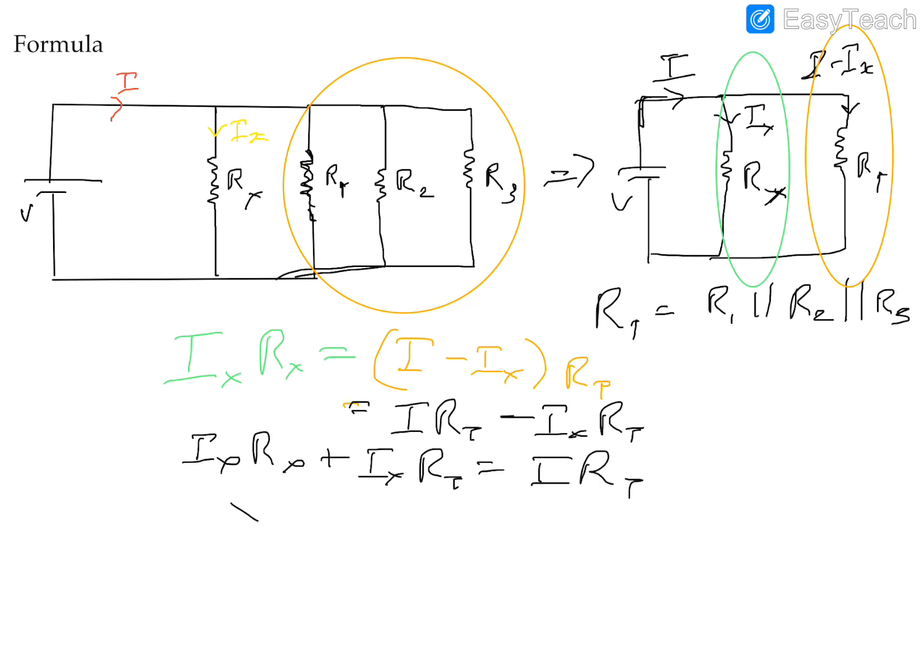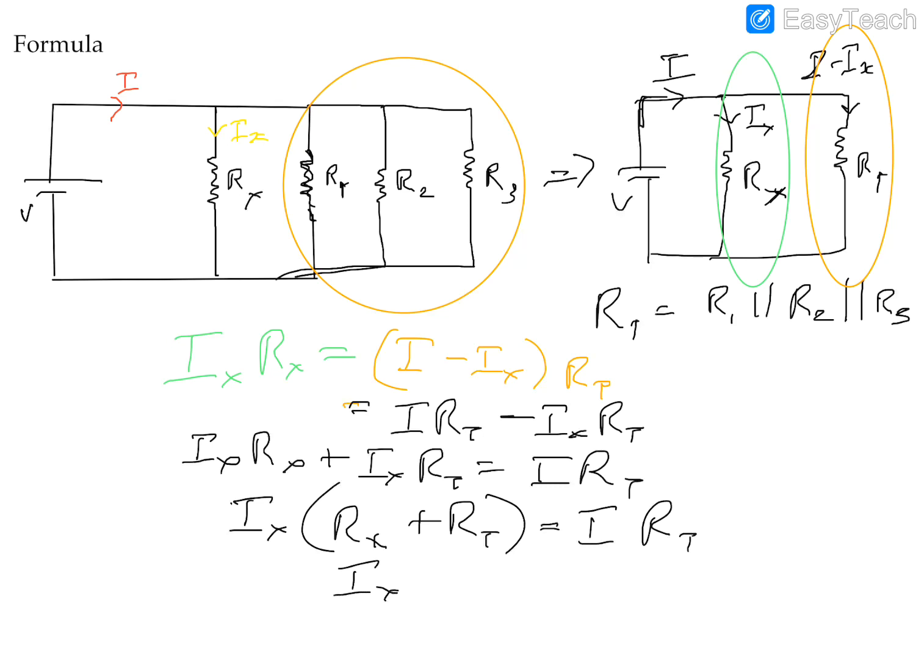And if I take Ix out, I get Ix times (Rx plus RT), which equals your main current times the equivalent resistance of the other branch. So your branch current Ix is simply I times RT divided by (Rx plus RT).